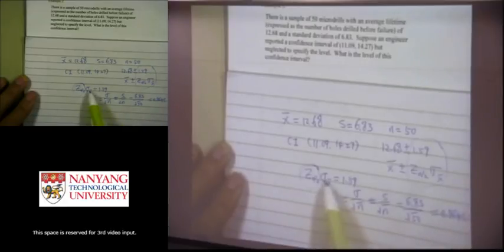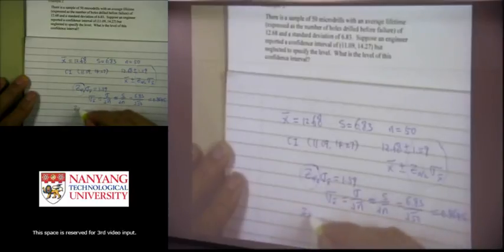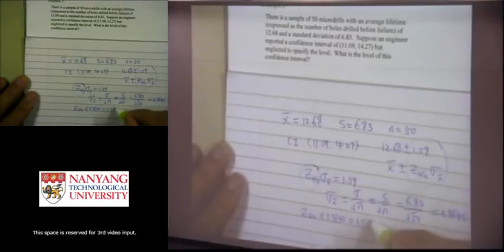We plug in 0.9645 here, we get z alpha over 2 times 0.9645 equals 1.59. So z alpha over 2 equals 1.59 divided by 0.9645 equals 1.65.